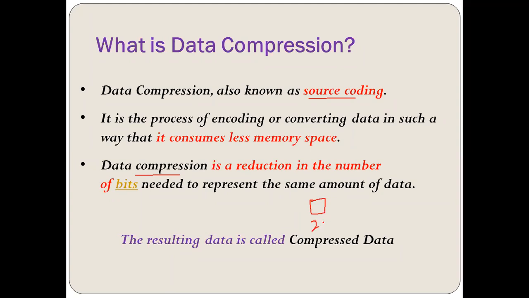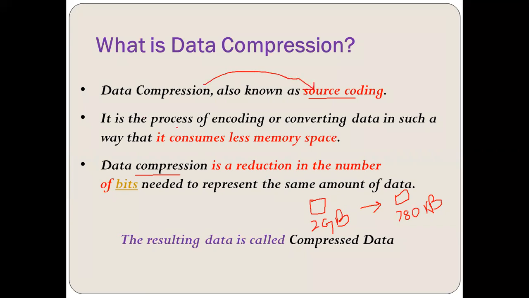Let's say this file is 2 GB, and we reduce its size to 780 KB, let's say. This process, with the help of which we reduce the number of bits required to store the file, is data compression. It is also called source coding.